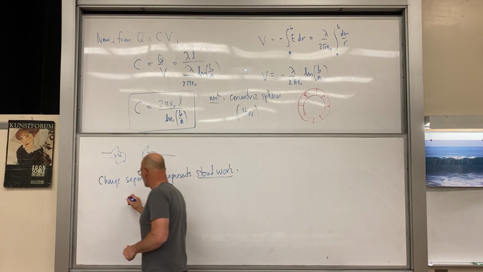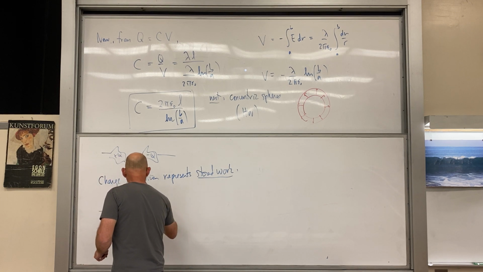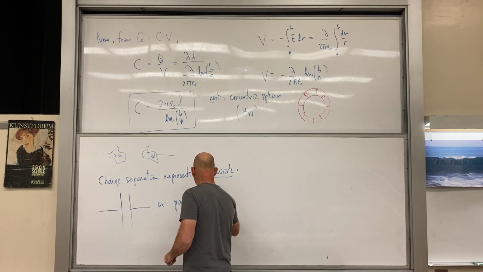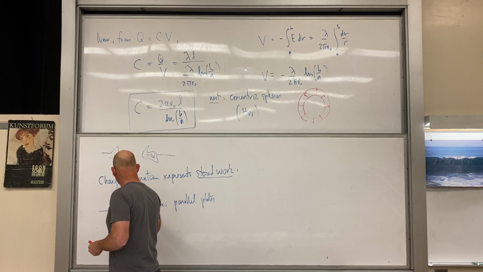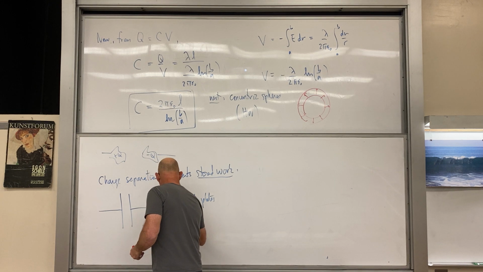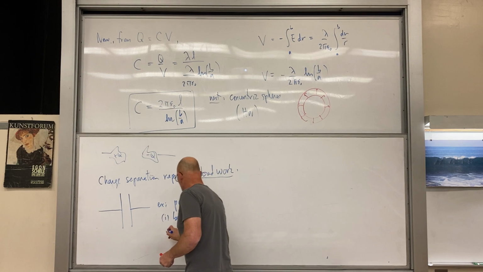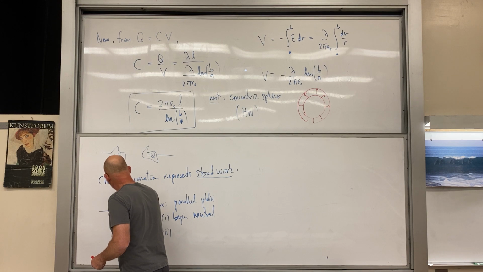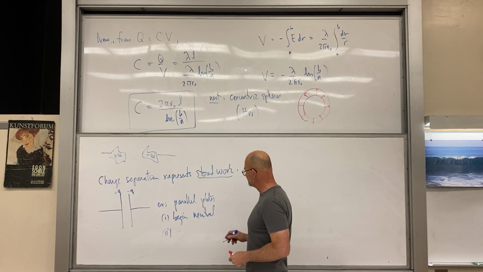So if we think of our parallel plates example, and they begin neutral, uncharged, and then we'll take plus Q over to here, which means we'll be left with minus Q over there. Separate a little bit of charge.